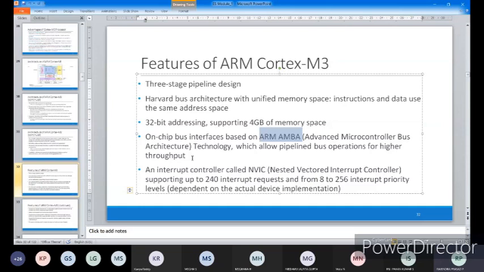An interrupt controller called NVIC, Nested Vectored Interrupt Controller, supporting up to 240 interrupt requests and from 8 to 256 interrupt priority levels. Okay, so you can observe that 240 interrupt requests it can support at a time, and it has 8 to 256 interrupt priority levels. Okay, what is this interrupt request allowing?